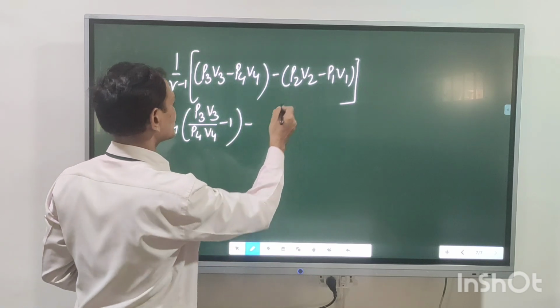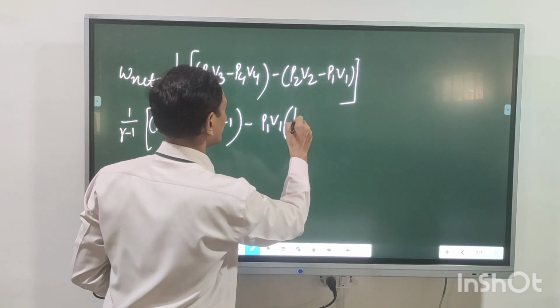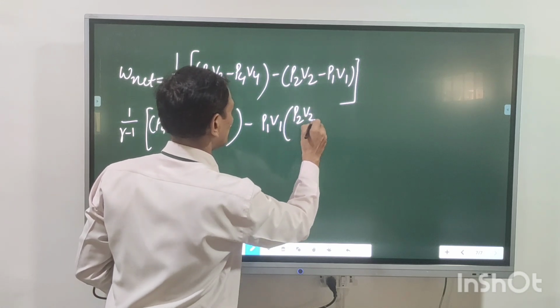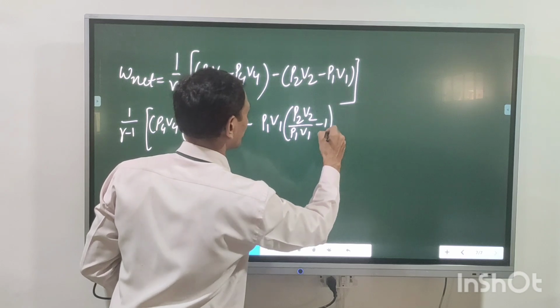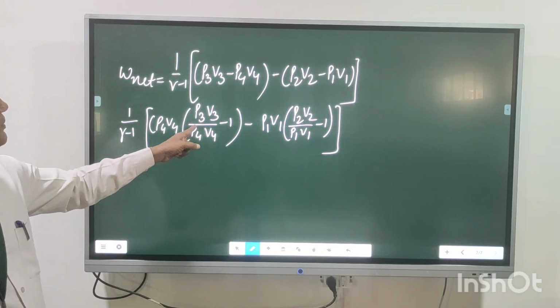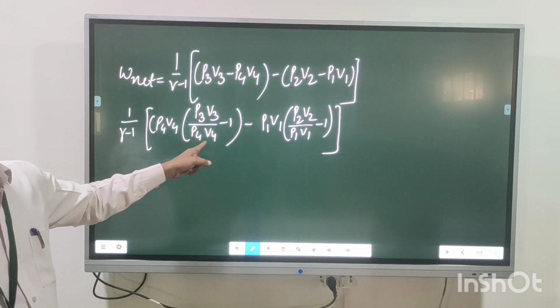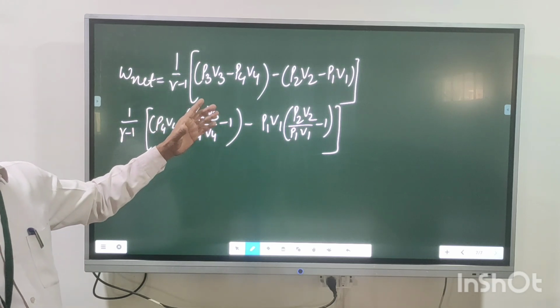Similarly here, same, take common P1 V1, P2 V2 by P1 V1 minus 1. Now we take the expression for P3 by P4 with the help of the PV diagram.